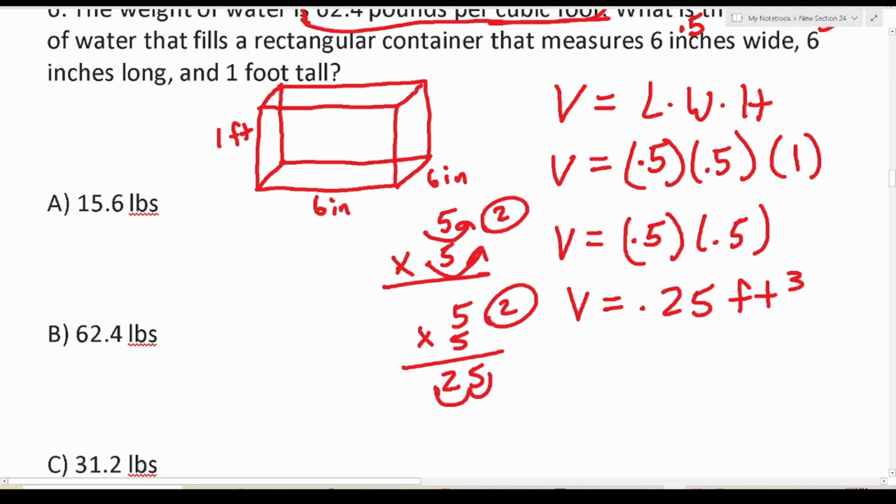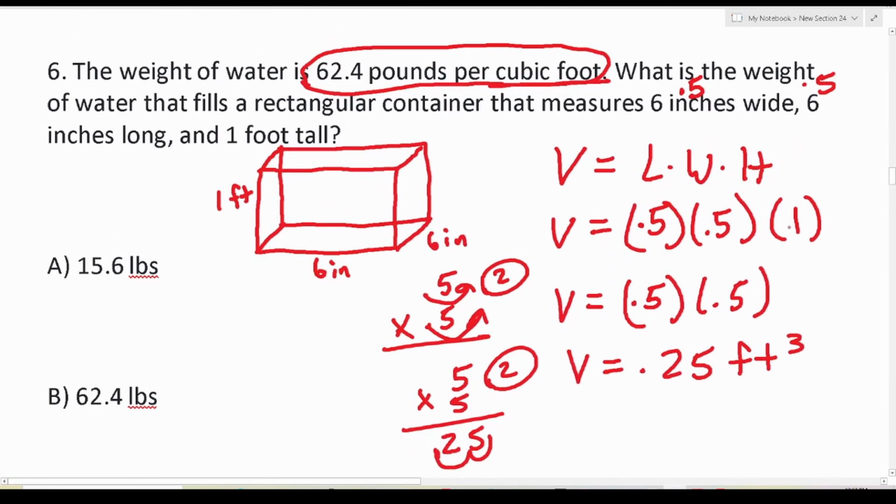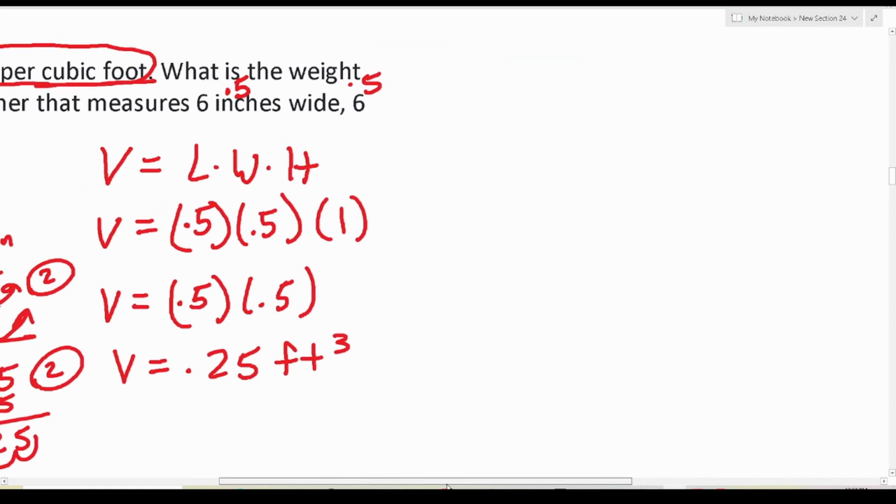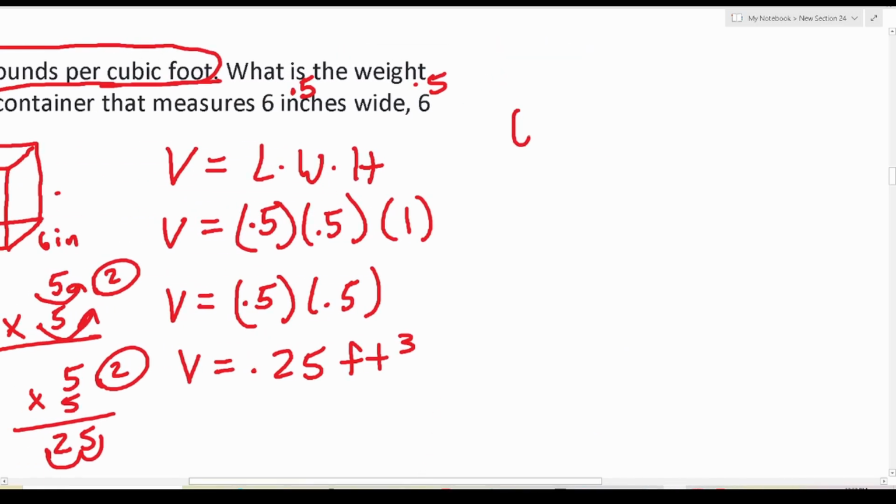To find out what that is in terms of weight, we have to take this volume and multiply it by 62.4. Again, the weight of water is 62.4 pounds per cubic foot. In this rectangular container, there's 0.25 cubic feet. So again, this is going to become 62.5 times 0.25.